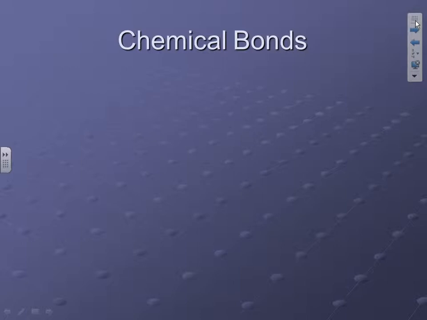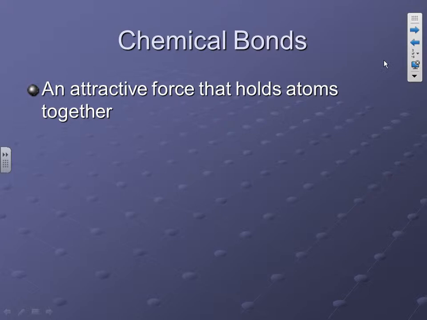What's the purpose of bonding? Or sorry, what is a bond first? What is a chemical bond? Trey, go ahead. An attractive force that holds atoms together. An attractive force that holds atoms together. You got it? Yeah. Okay. An attractive force that holds atoms together.